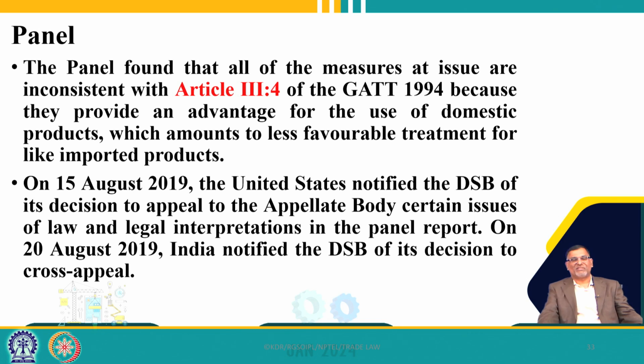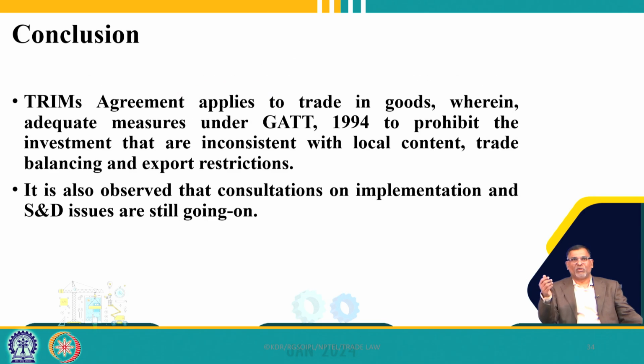So, sometimes the dispute settlement is a double edged sword. If you file against me, I can file against you, and both countries got the judgment, and now both countries are talking to each other to resolve the problem. So, the WTO dispute settlement system is very strong, and every country has to comply with it.